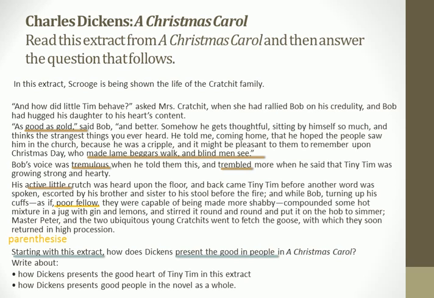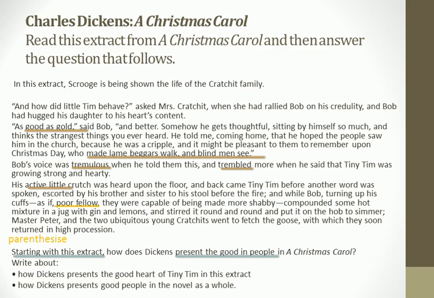So you need to think about who they are and the kind of things you can talk about in relation to the idea of good people and how they're presented by Dickens and what his purpose is behind presenting them. Fezziwig, for example, would be a good one to choose, but you might choose, obviously, Scrooge's nephew, Fred, as well.